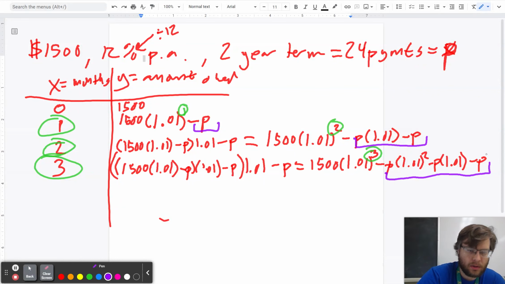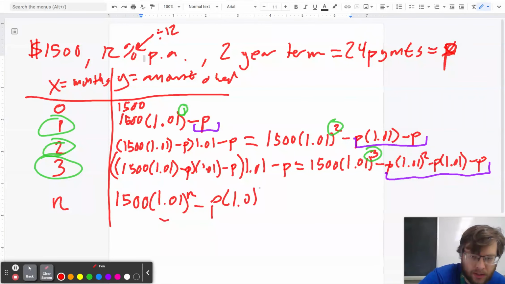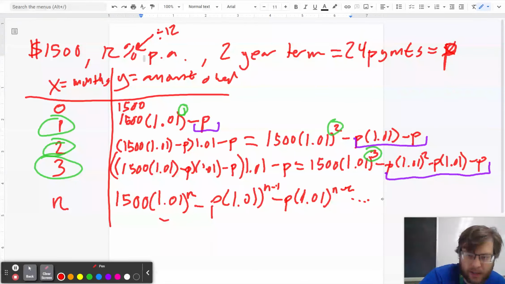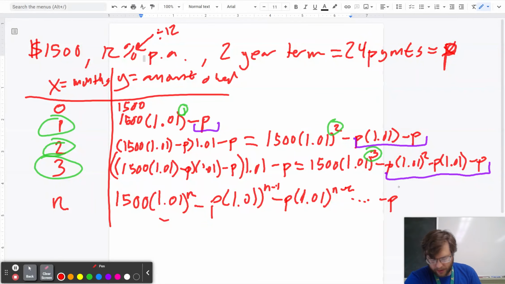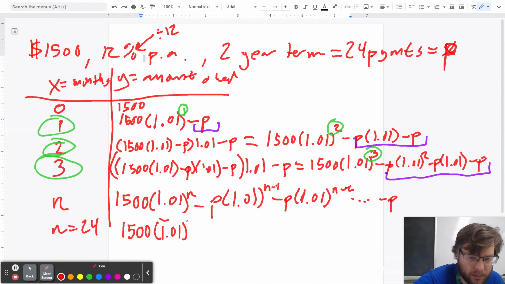If I extend that pattern, then pattern number n is going to be 1,500 times 1.01 to the n, minus P times 1.01 to the n minus 1, minus P times 1.01 to the n minus 2, etc., all the way down to minus P. We care about the 24th month, so let's set that up. It would look like 1,500 times 1.01 to the 24.